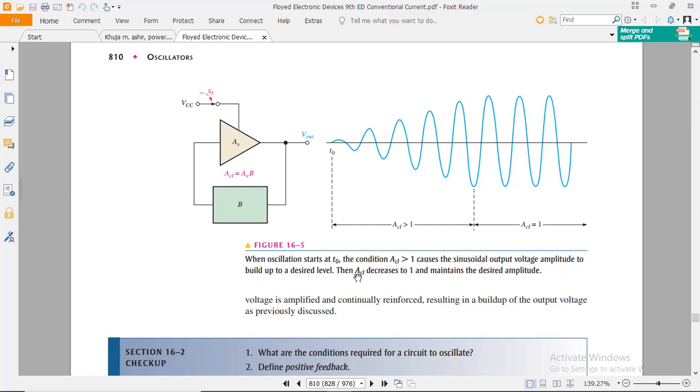Then the closed loop voltage gain decreases to 1 and maintains the desired output. The voltage is amplified and continually reinforced, resulting in a buildup of the output voltage as previously discussed.